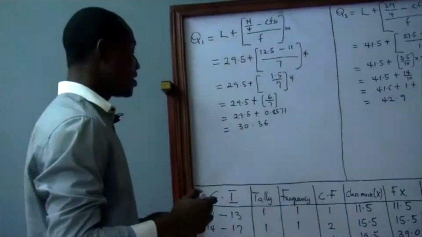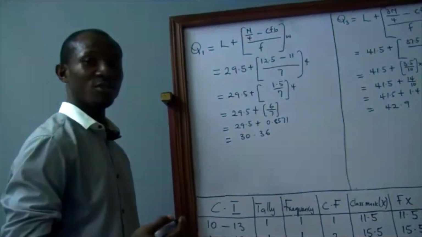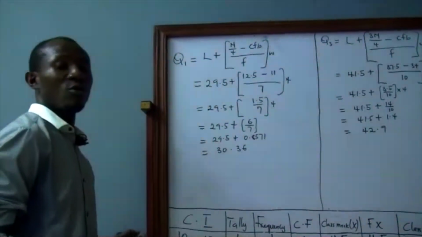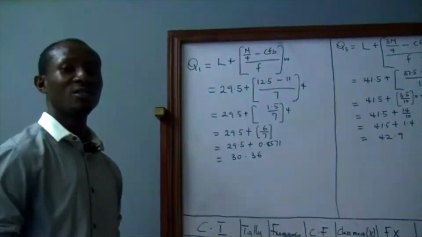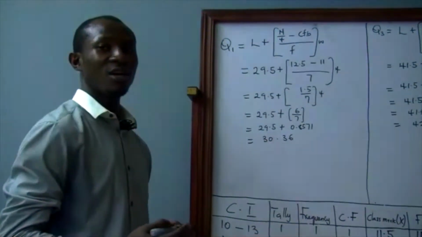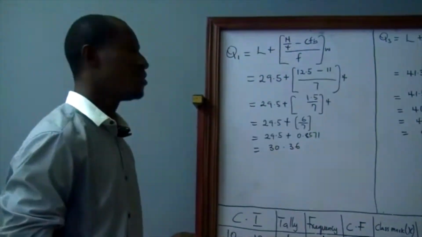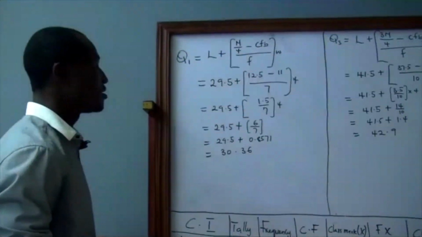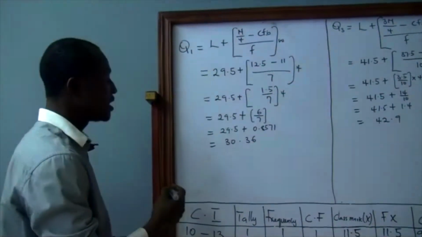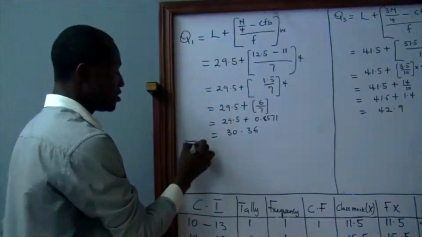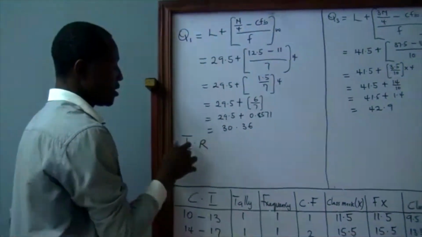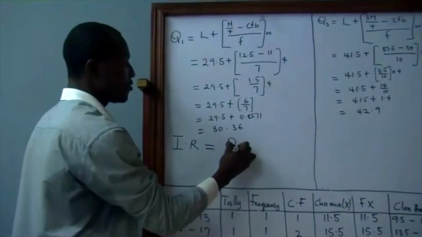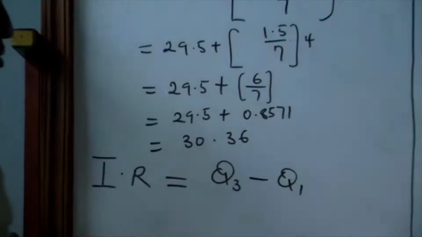In the last class we dealt with ungrouped data, where we calculated the interquartile range as Q3 minus Q1.